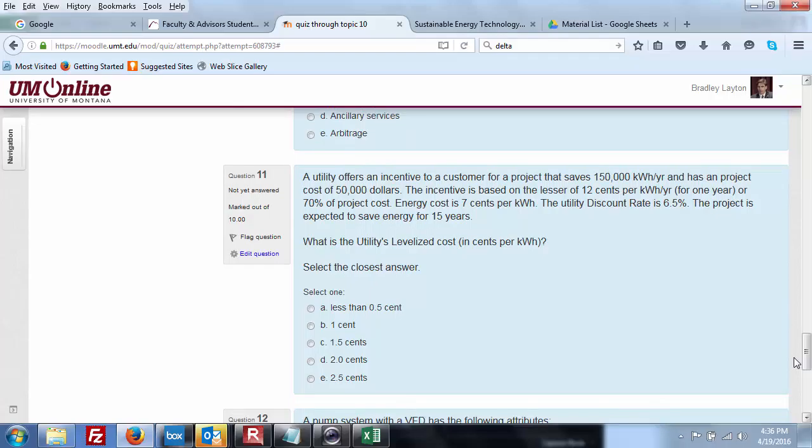Okay, and I'll just read through this rather than solve it. A utility offers an incentive to a customer for a project that saves 150,000 kilowatt hours per year. This is going to be an efficiency thing, or maybe they're changing light bulbs or something, and has a project cost of $50,000.